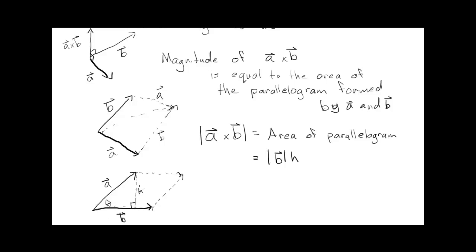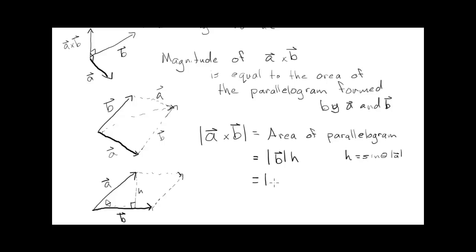So sine of theta equals H over magnitude A. So H would equal sine theta times magnitude A. So that's just a basic trig ratio.